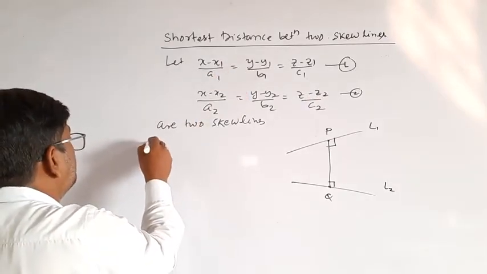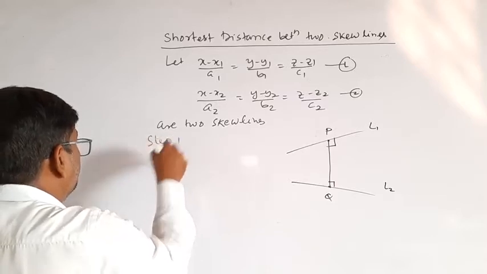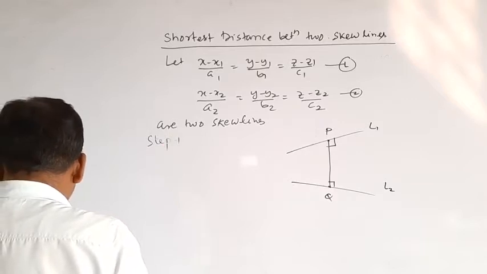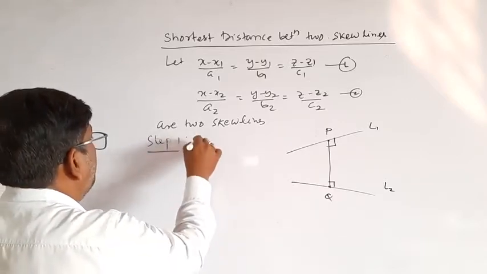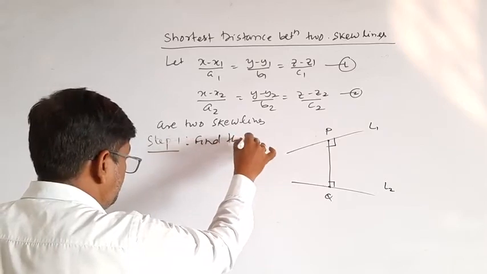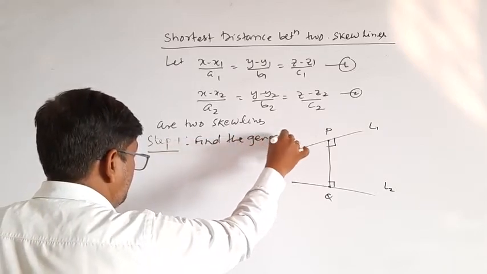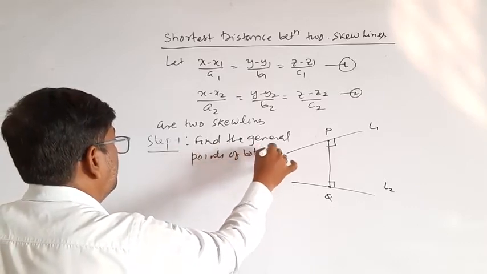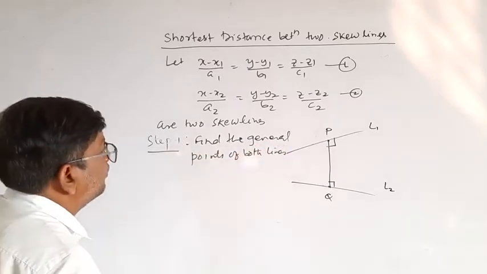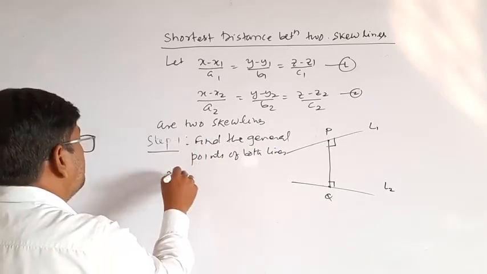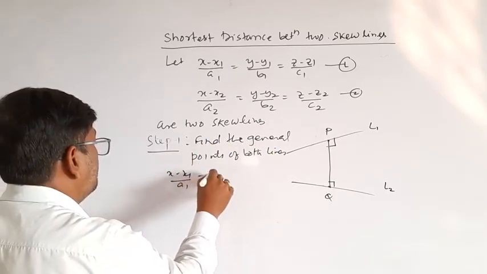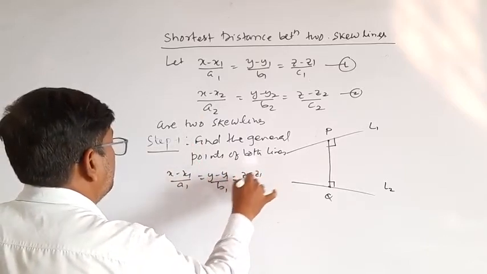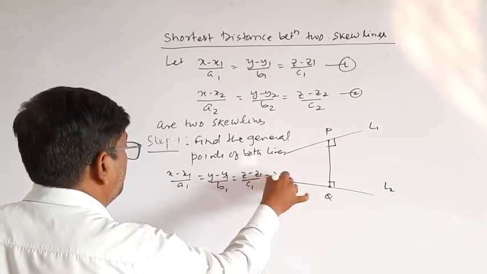Step 1: find the general points of both lines. (x minus x1) by a1 equals (y minus y1) by b1 equals (z minus z1) by c1 equals, suppose, lambda 1.